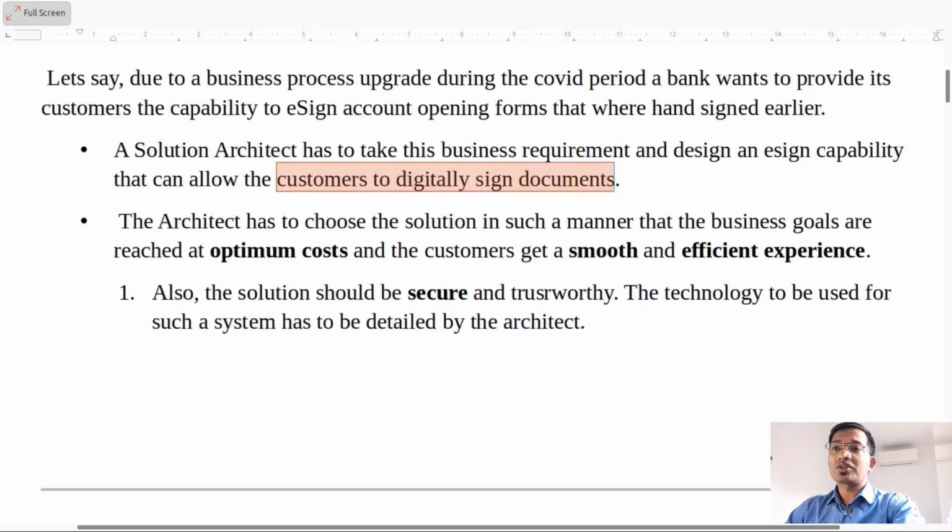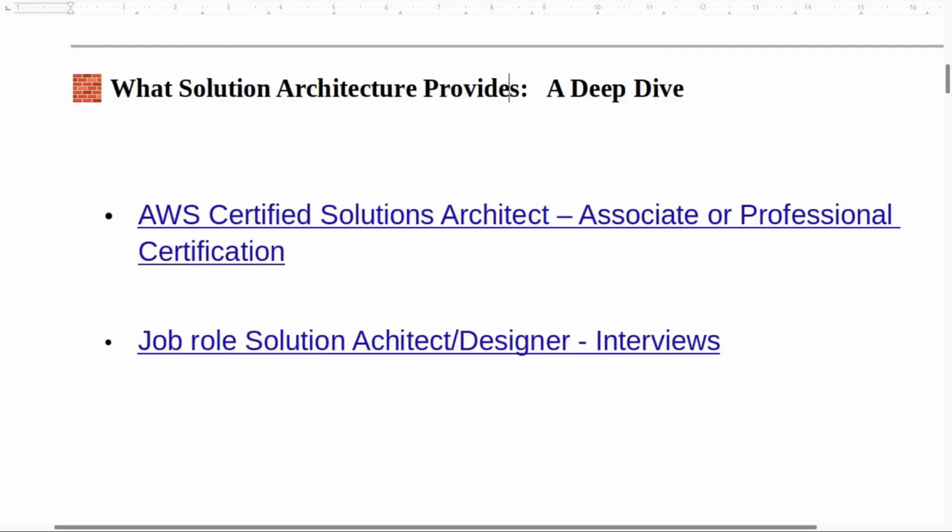The architect has to choose the solution in such a manner that the business goals are reached at optimum cost and the customers get a smooth and efficient experience. Also, the solution should be secure and trustworthy. The technology to be used for such a system has to be detailed by the architect.